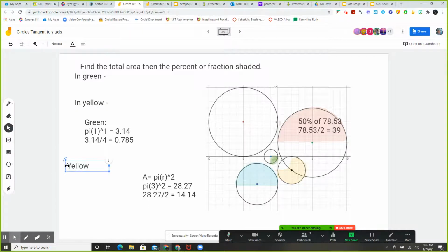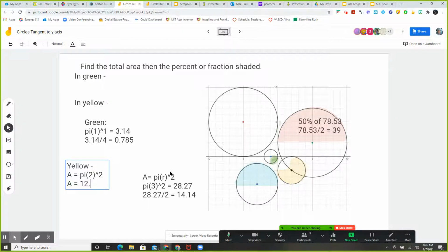How do I find the area of that? Pi times 2 squared, right? Absolutely. So if I do pi times 2 squared, the area of the whole circle is 12.56.